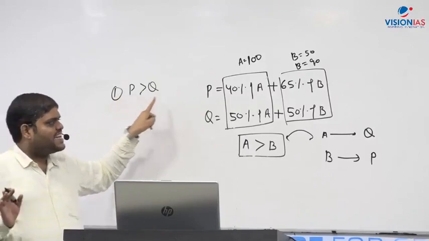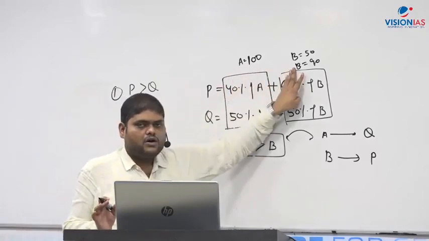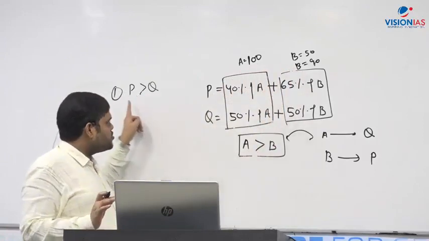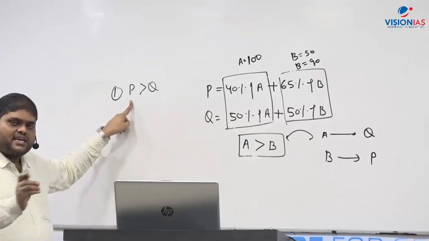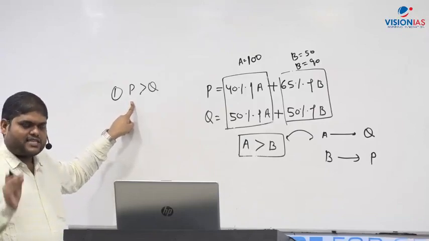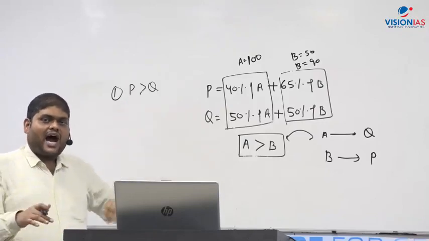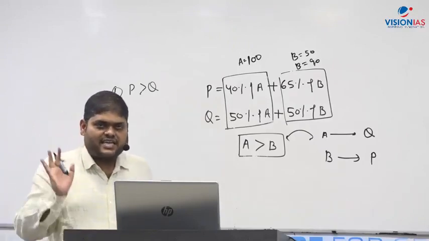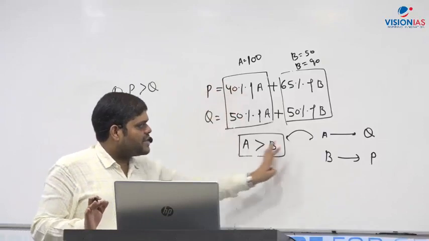If there is any condition, any value which satisfies the given condition and where the option is wrong, that means it cannot be the answer, because the answer is the one which is correct in every condition according to the given question.